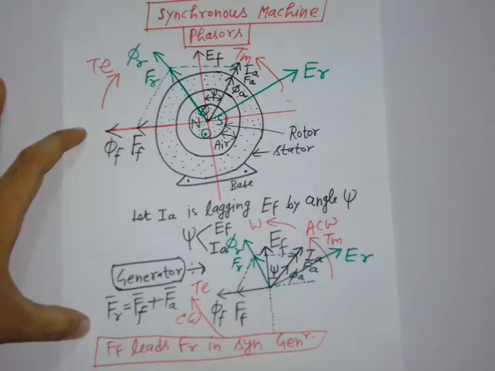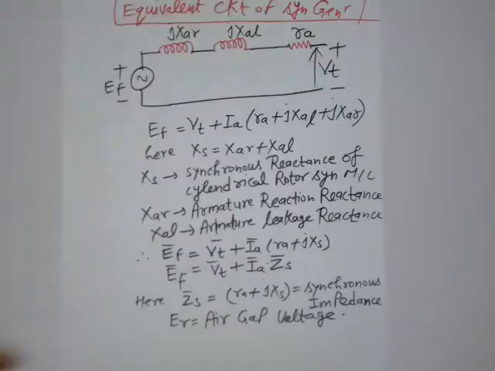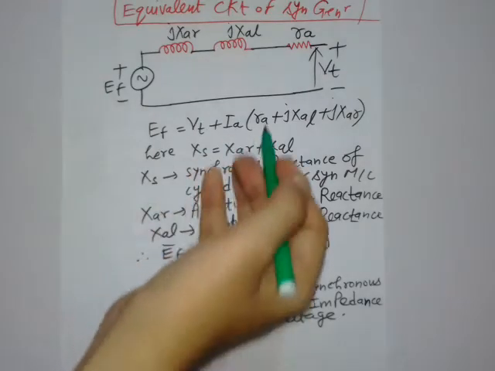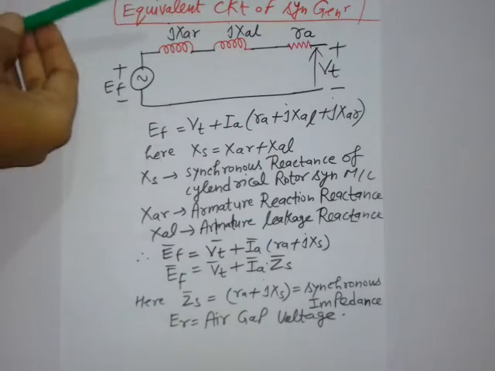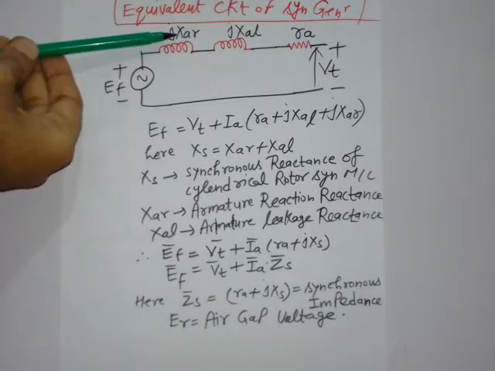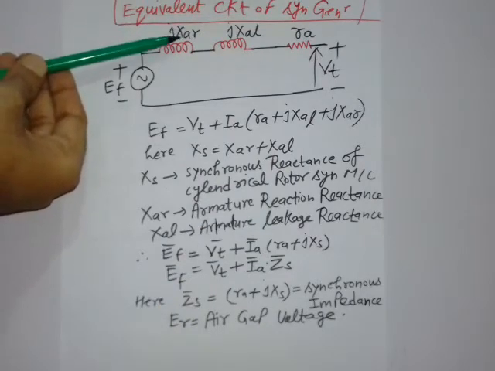Now in the equivalent circuit, have a look at it. EF is the field EMF. This is the representation of armature reaction reactance jXAR.